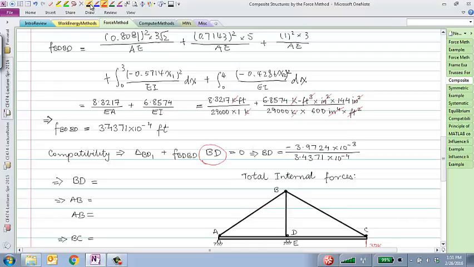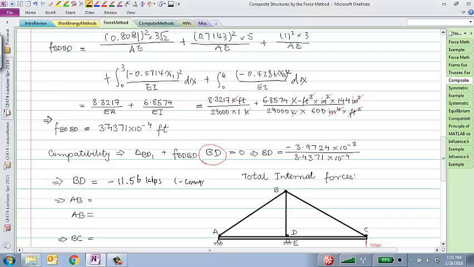And then BD is simply delta BD over FBD, and gives us minus 11.56 kips. And we see that this member BD is indeed in compression.